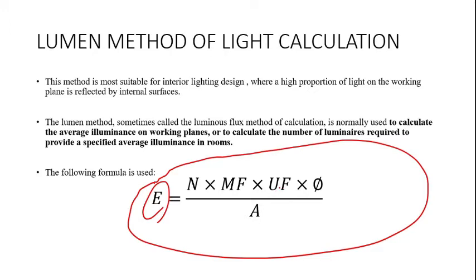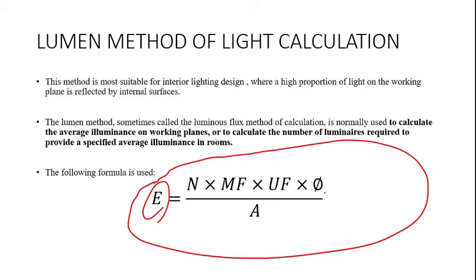In general, we have understood what utilization factor means, but in interior lighting design, the utilization factor plays an important role, so we will also discuss that factor. Phi is the initial lumen output of the luminaire.